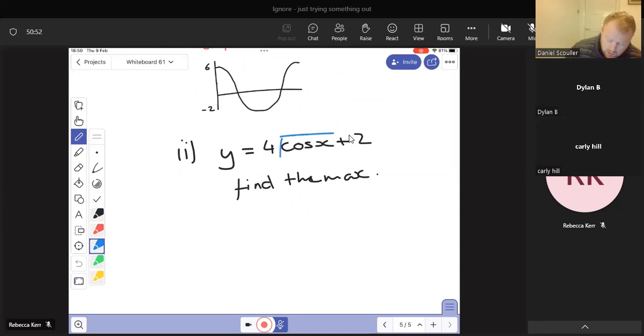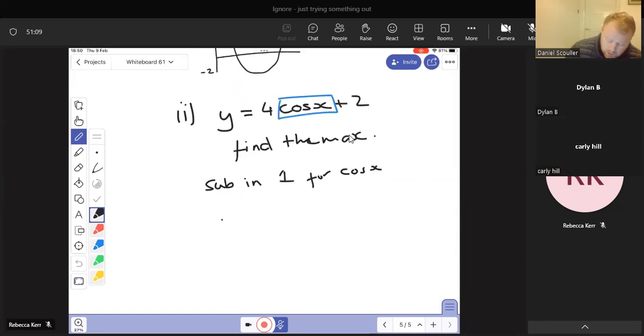Where we see the cos x, we can sub in the number 1 for cos x. So we would write out y equals 4 times 1 plus 2.